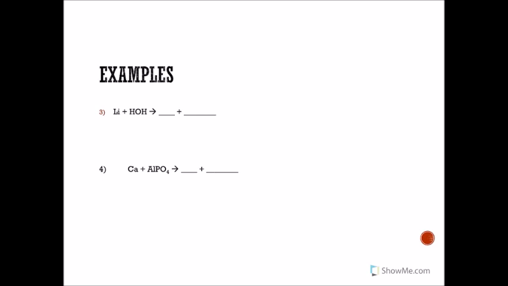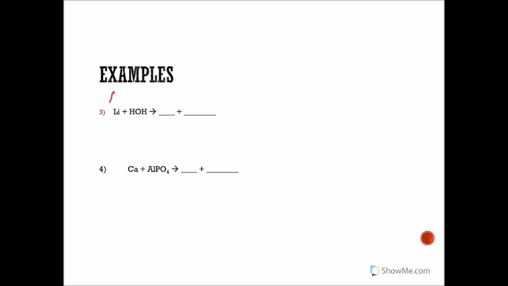Or if lithium's on the top of my table, because some charts are a little bit different, I know it goes from the strongest at the top to the weakest on the bottom. Lithium is the strongest. So, our reaction's going to go ahead. We've known this from our activity series.